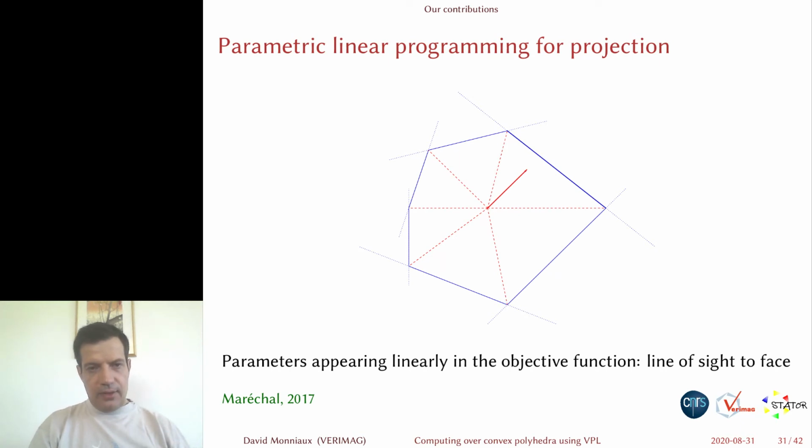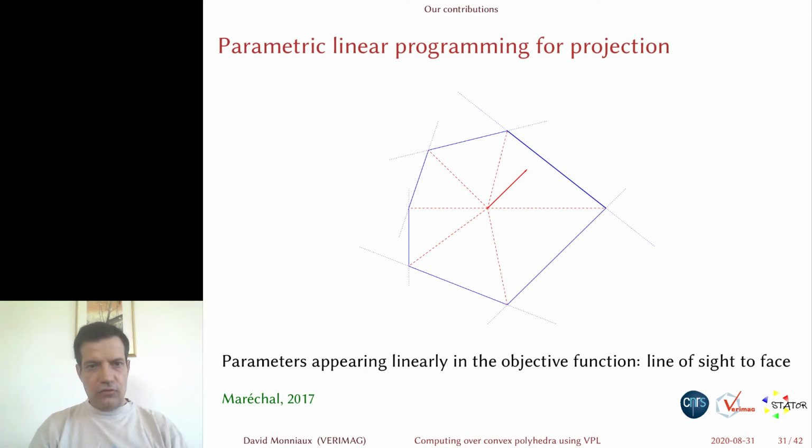Parametric linear programming means that you have parameters in the direction of the optimization. And what you do is you output a kind of map of the parameters that say if your parameters satisfy certain inequalities, then your optimal vertex is this vertex.